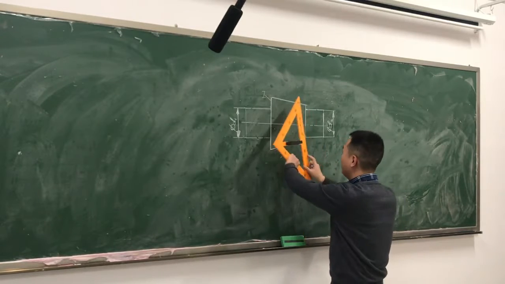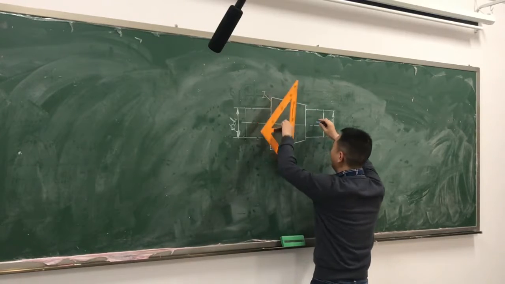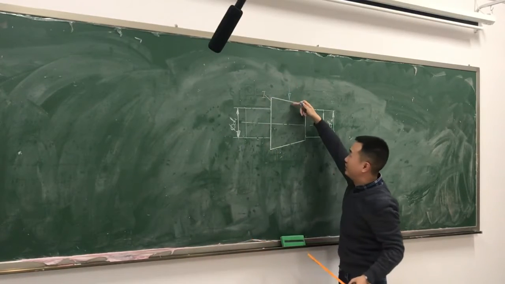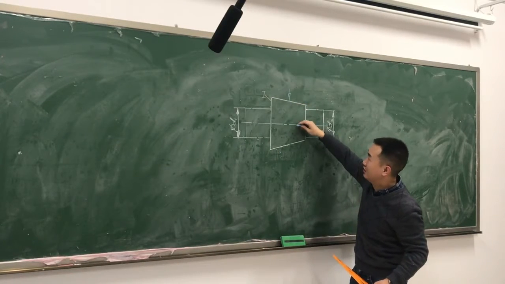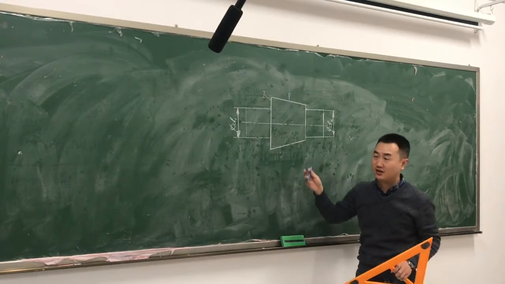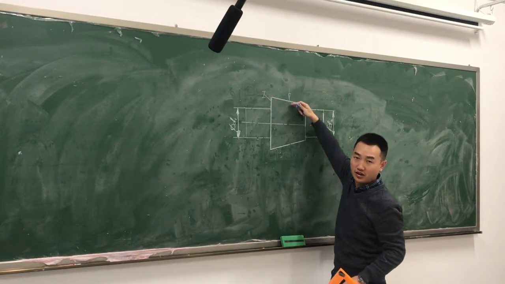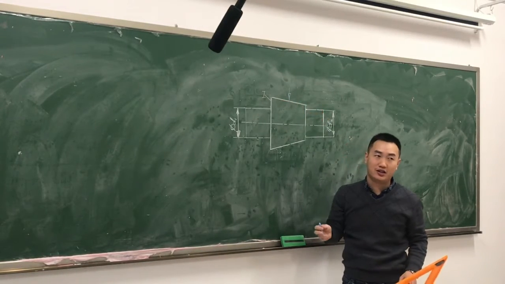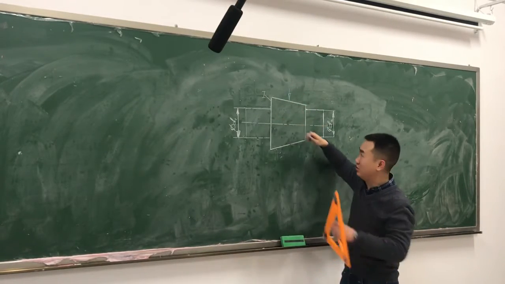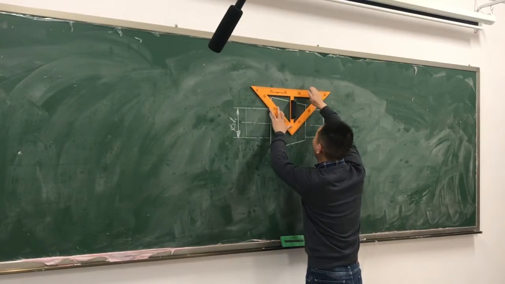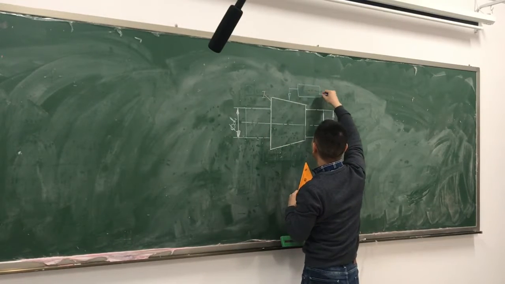So for circularity, please remember that the lead line should be perpendicular to the axis. In most cases, the lead line is perpendicular to the contour line, but for circularity, it's special. It should be perpendicular to the axis, and then you continue to label it.